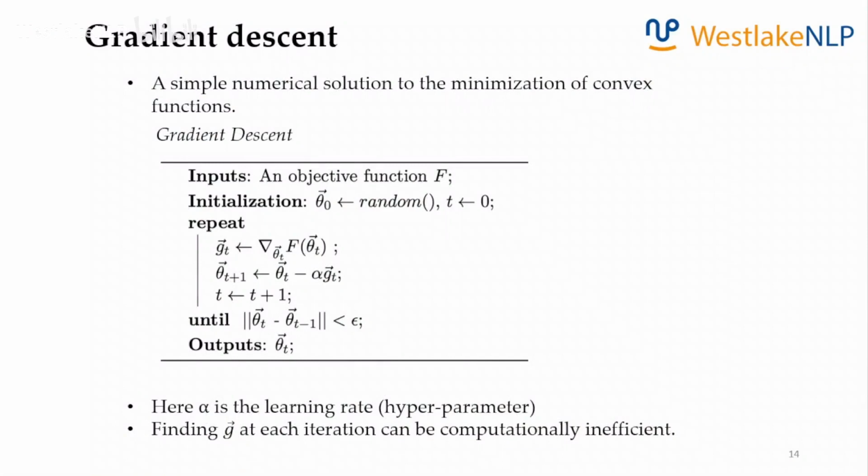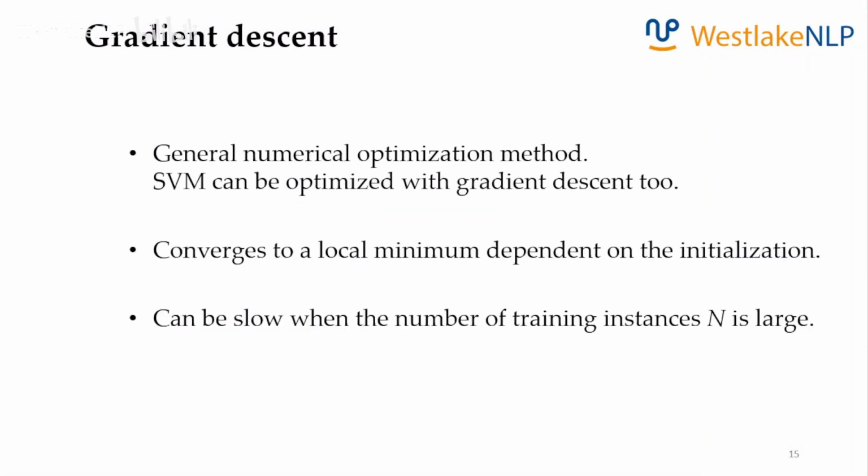That could be slow when your data set is huge. To address this problem, people design a faster alternative, not as accurate. This is an approximation of gradient descent called stochastic gradient descent, or SGD.